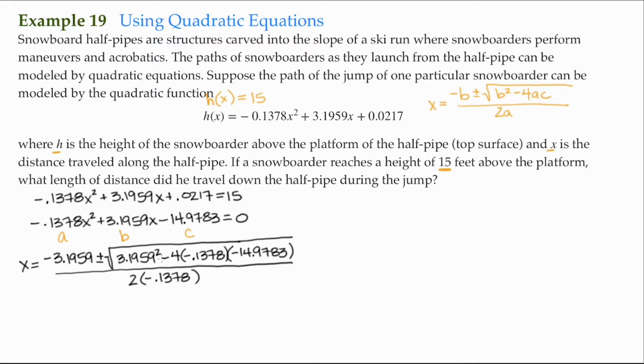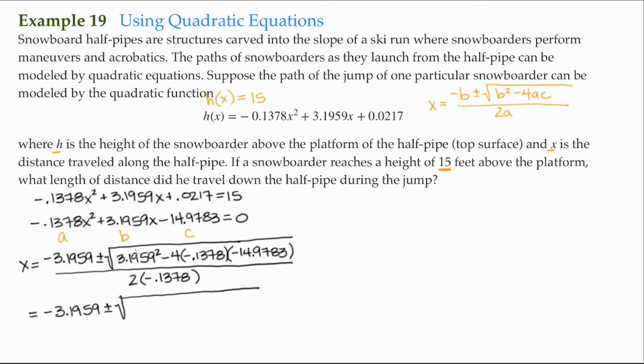So now we can start doing the arithmetic. So this is going to be equal to negative 3.1959 plus or minus the square root. Now you can certainly use your calculator.